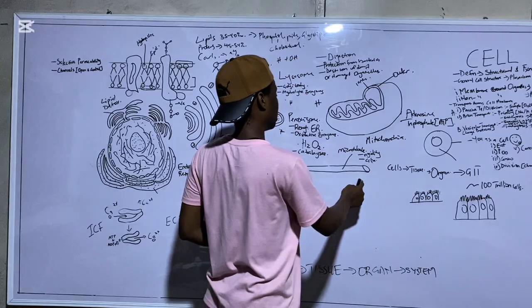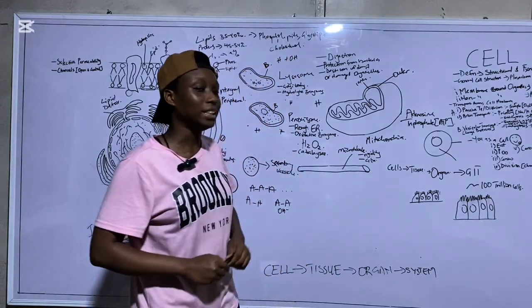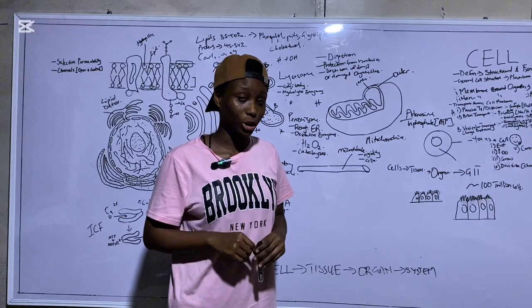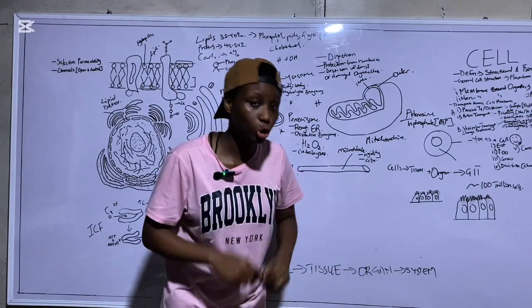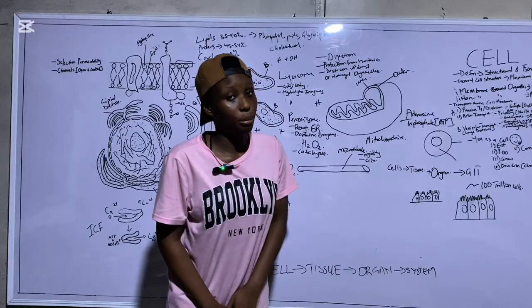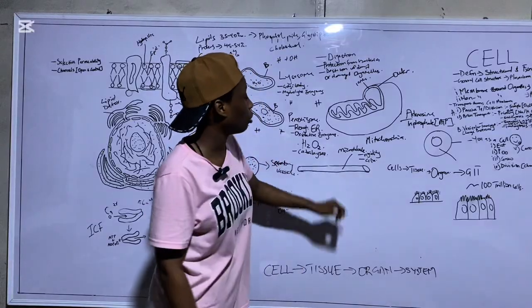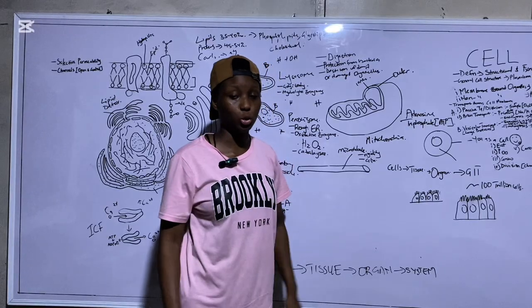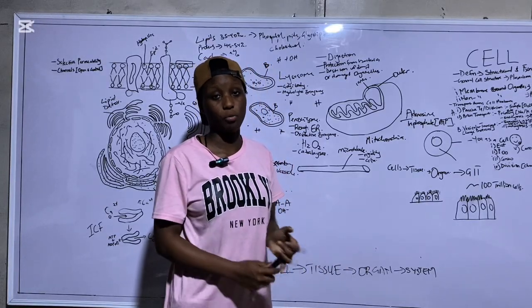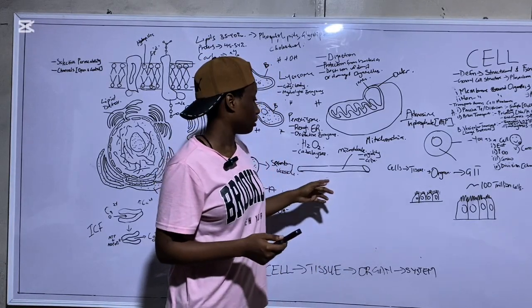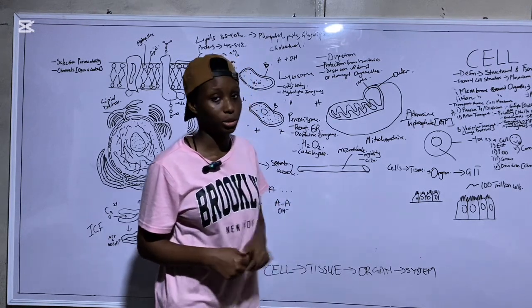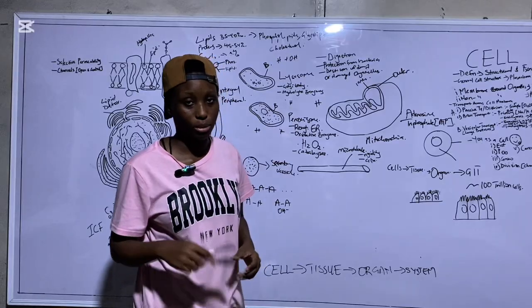So now this structure here is the organelle I'm going to introduce to you today that is not membrane bound. It is called the microtubule. It is part of the cytoskeleton of the cell. The other two parts of the cytoskeleton of the cell are microfilament and, let's leave that last one, I'll come back to it.